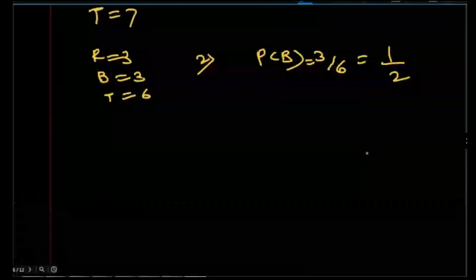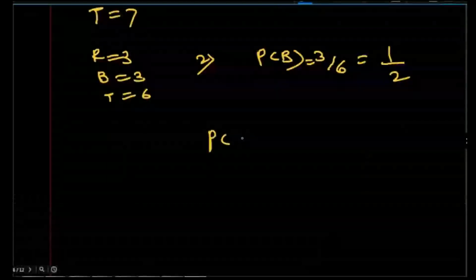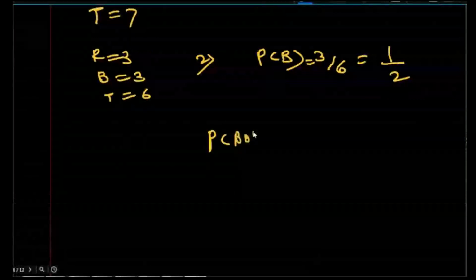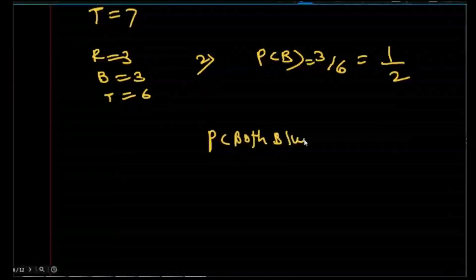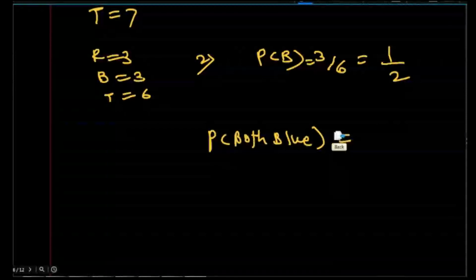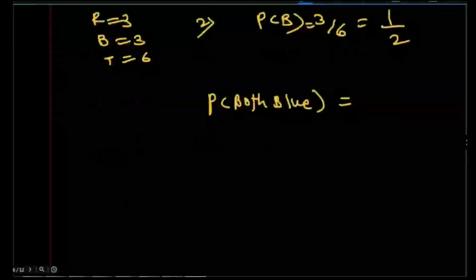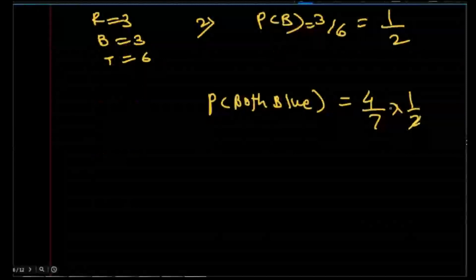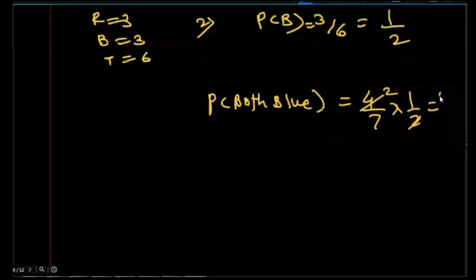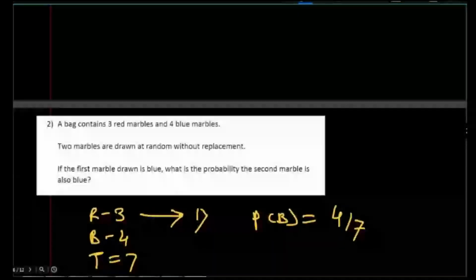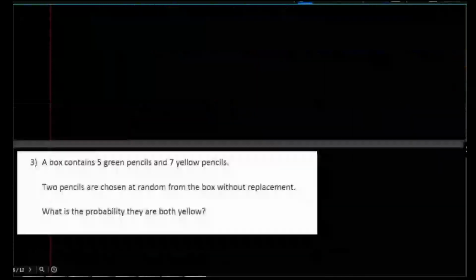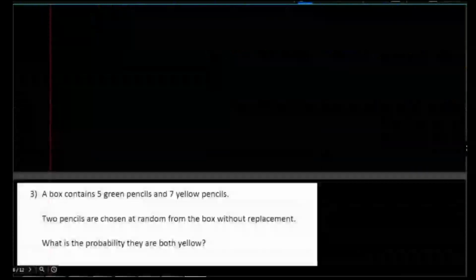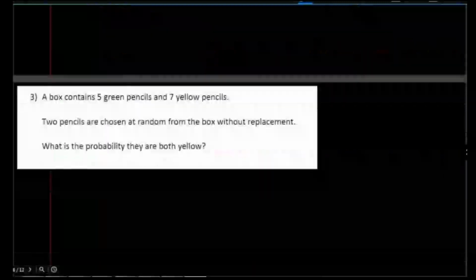So the probability of both blue marbles is 4 by 7 into 1 by 2. The 2s cancel, so it equals 2 by 7. So the probability of both blue marbles is 2 by 7.